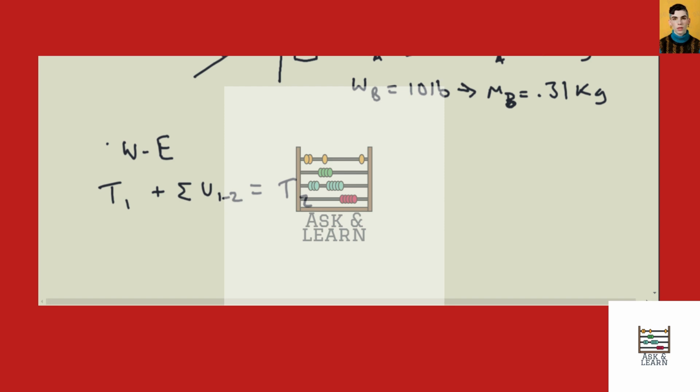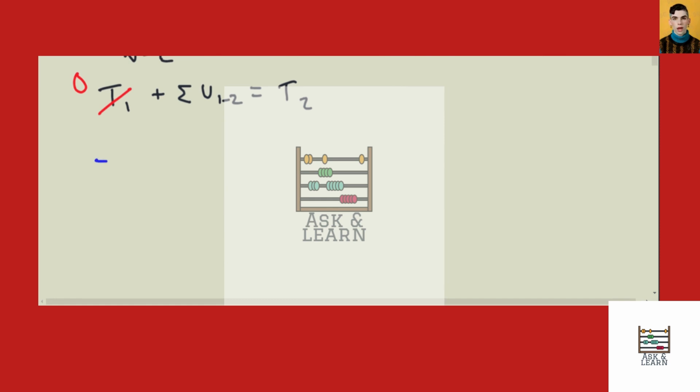And since the blocks are at rest when it begins, the initial kinetic energy is 0. And so we're left with the work being done is equal to the final kinetic energy.